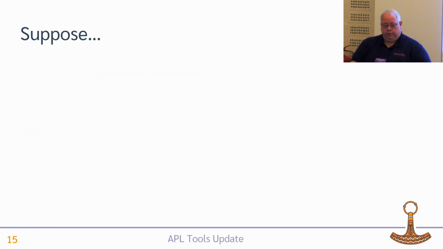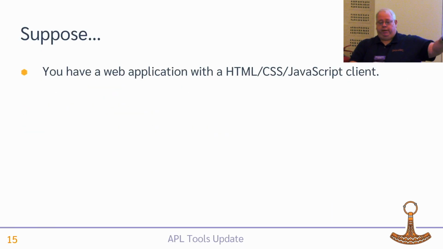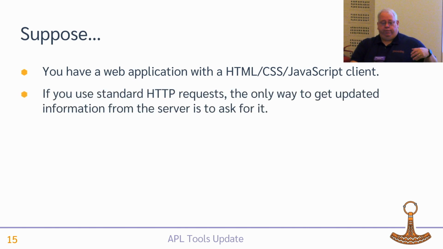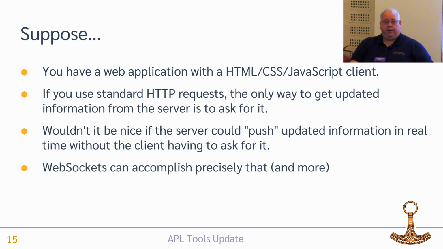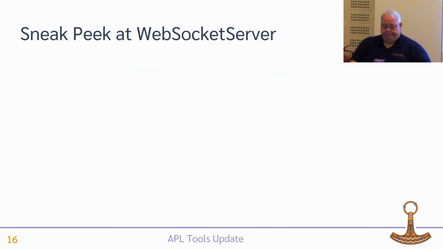Okay, so demo time. Now suppose you have a web application that's got an HTML client. And if you issue standard HTTP requests, the only way to get updated information is to ask for it. So wouldn't it be nice if the server could push updated information in real time without the client having to ask for it? Well, WebSockets can do that and more.